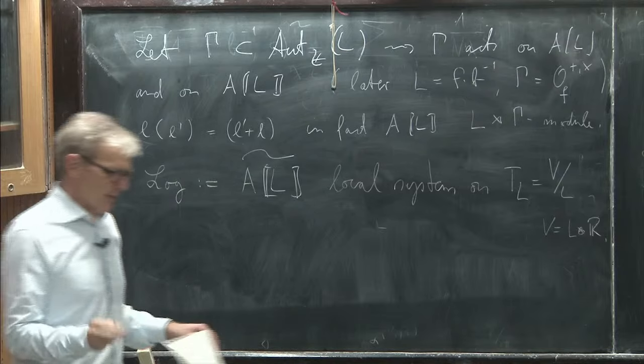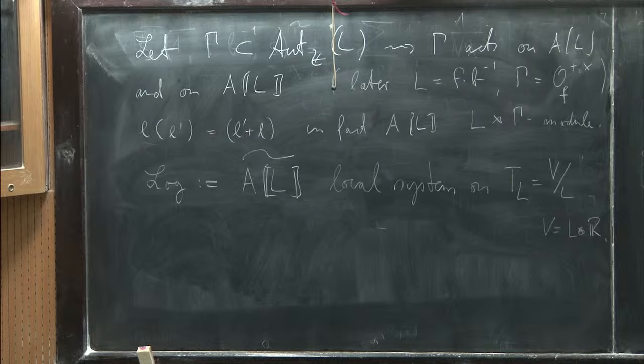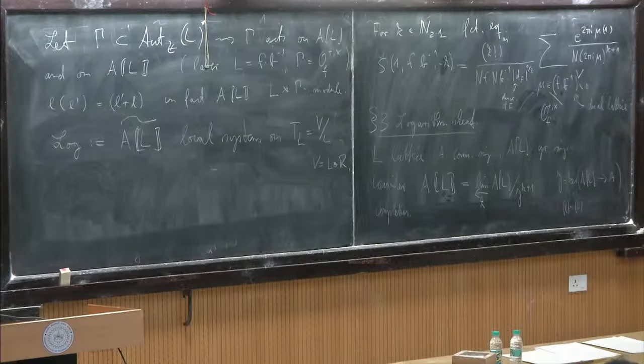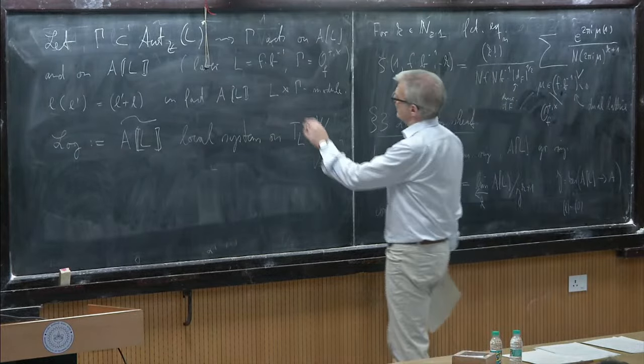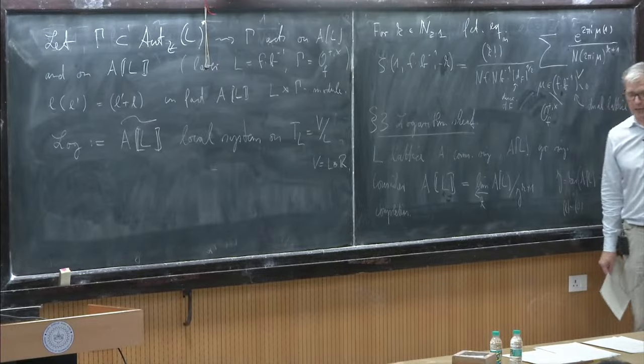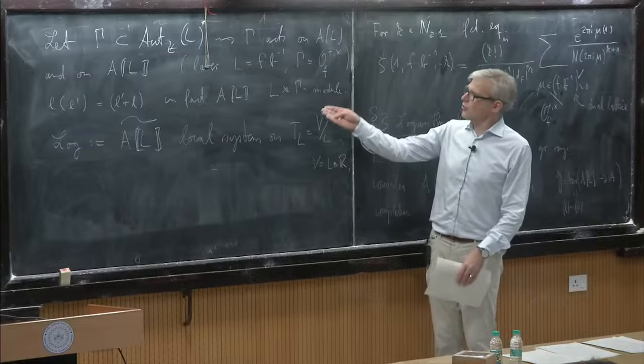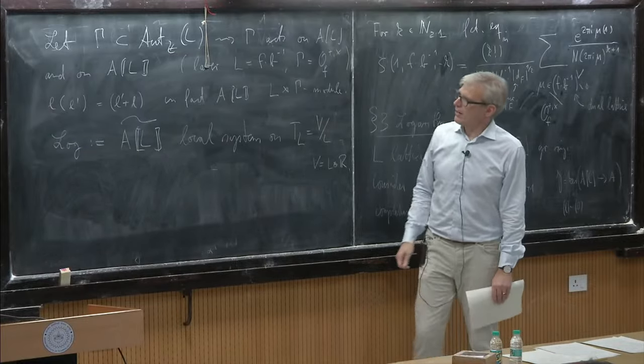We forget about everything, no number fields here, whatever. We do a little bit funny Fourier analysis on this torus, but we do it equivariantly for this gamma. And this equivariance for gamma is really extremely important.